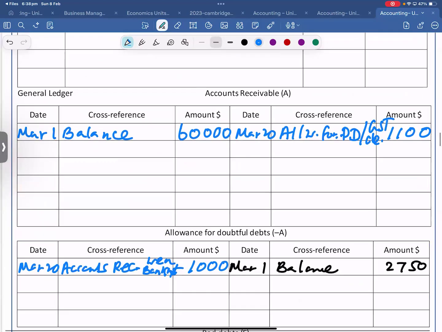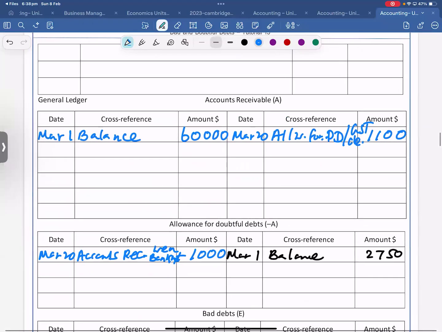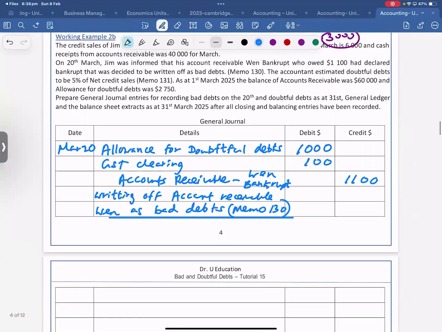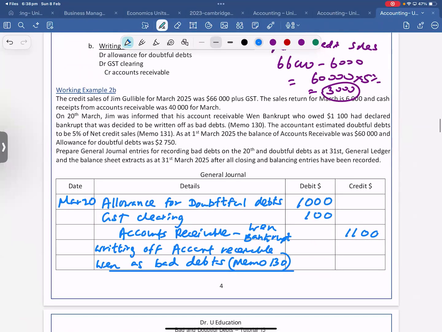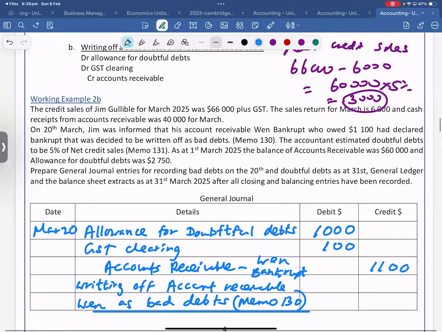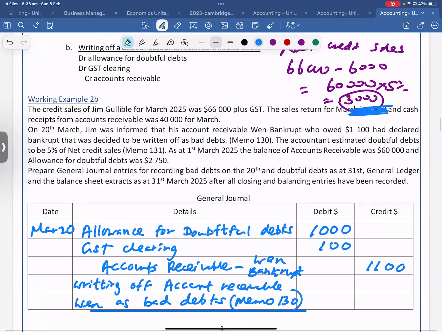I have used the entire width of the ledger account, but in the exam paper it is even smaller. Okay, then guys, we record the rest. Sales return is how much?